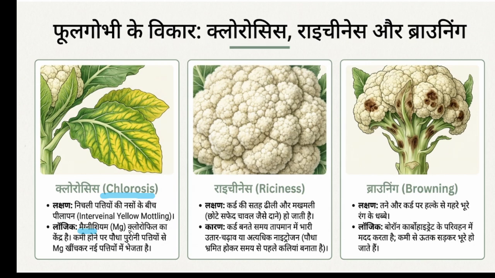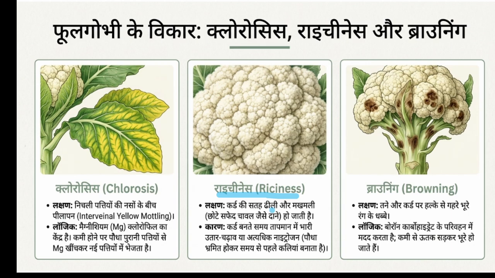Really? Yes, in whiptail, the blade of the leaf, the broad part, simply does not develop. Only the central vein, the midrib, grows, which looks like a whip. And what does the science say about this? It is caused by molybdenum deficiency. But just remembering that much is not enough. So, what else is the catch? The catch is that it occurs in acidic soil.